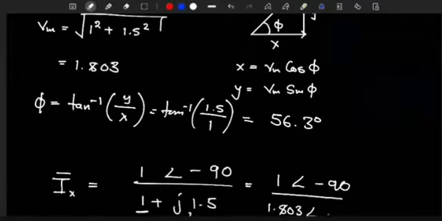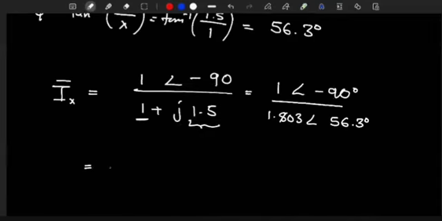The phase angle, we got 56.3. Now, when you're dividing in polar form, the magnitude can divide, meaning it will be 1 divided by 1.803. And this is giving us 0.5546.